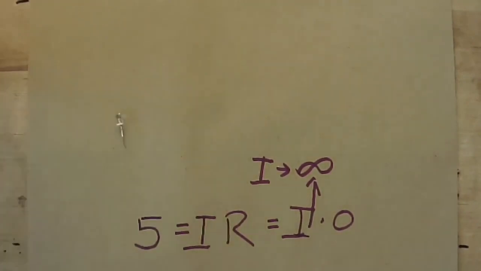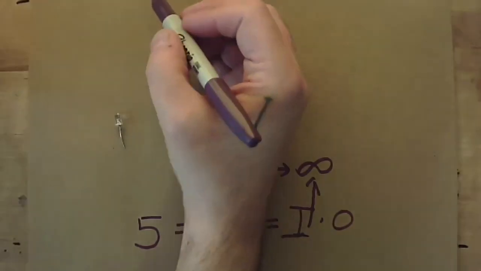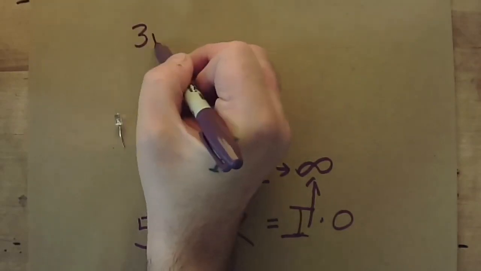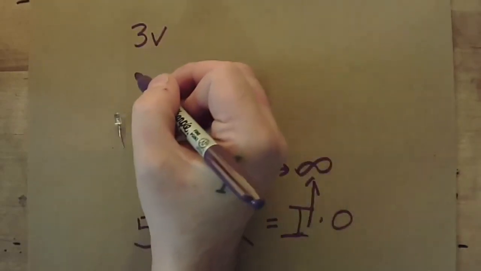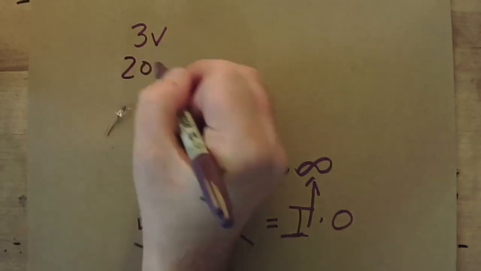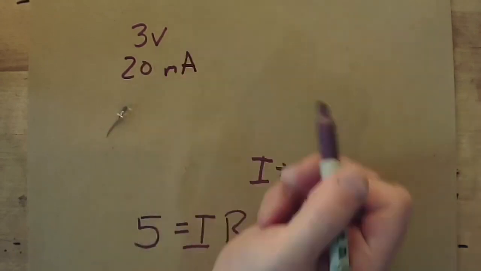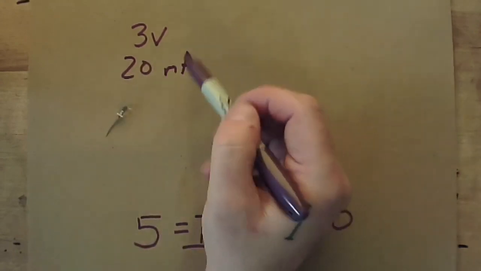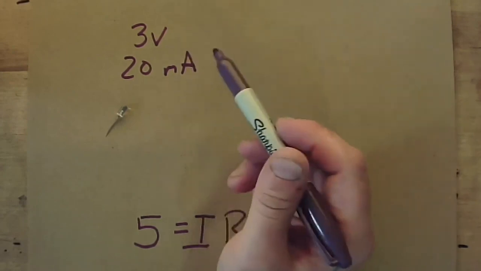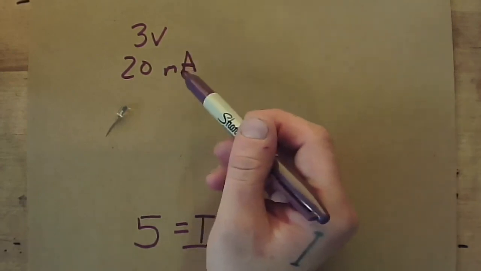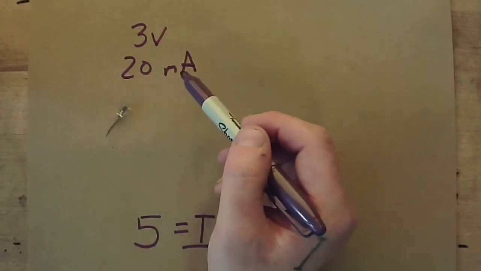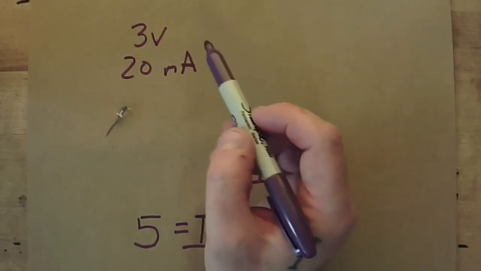So a common red LED might want 3 volts and 20 milliamps. Remember, amps or amperes is the unit for current. Milliamps is 1,000th, like millimeter, right? Milli is 1,000th.